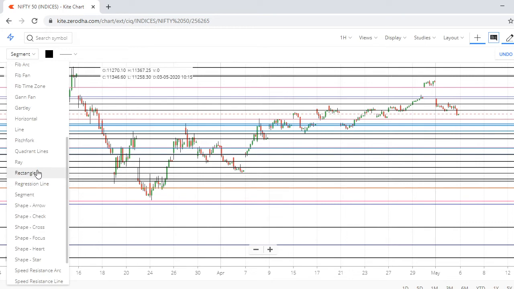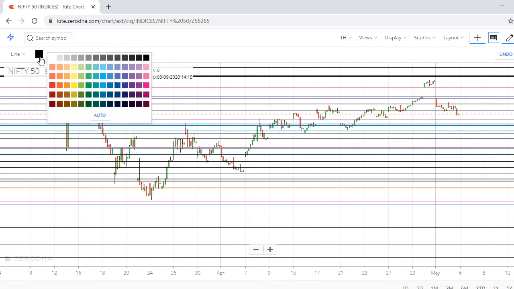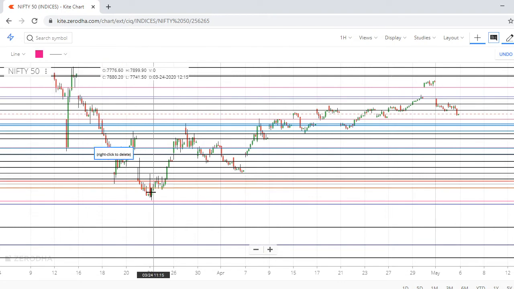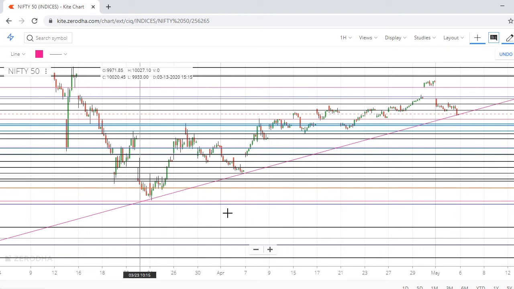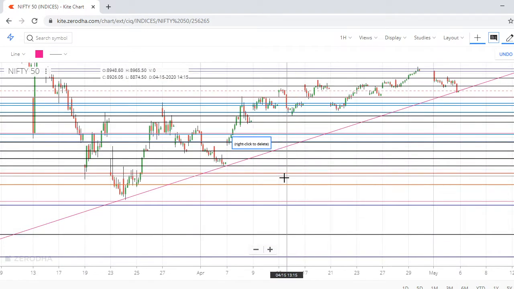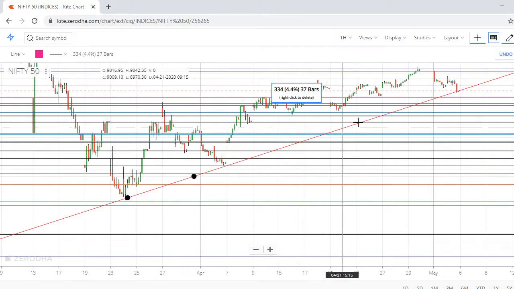Now let's suppose I draw a line, the pink color. See, I'm joining this bottom. What you can see? How can I say that tomorrow there may be a gap?